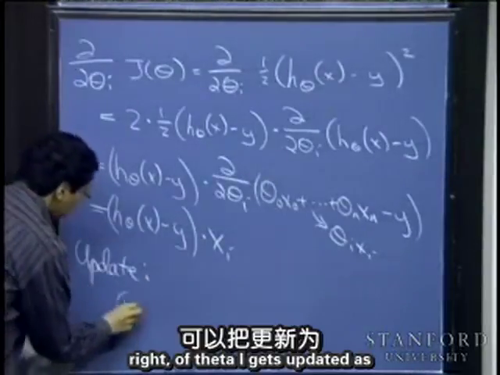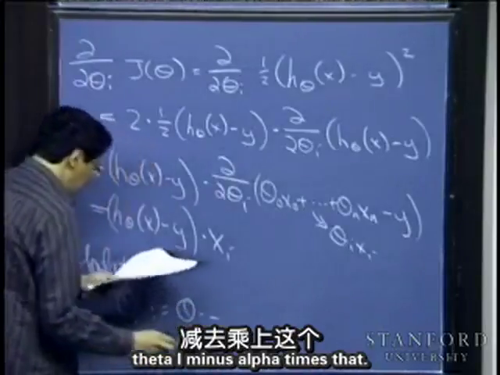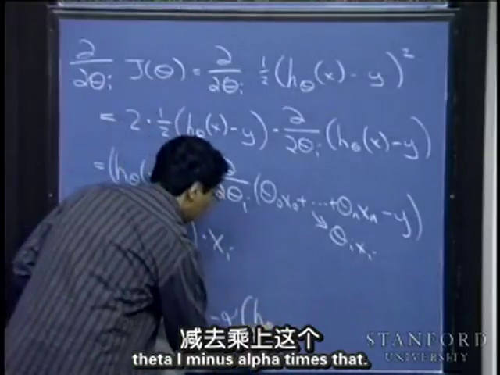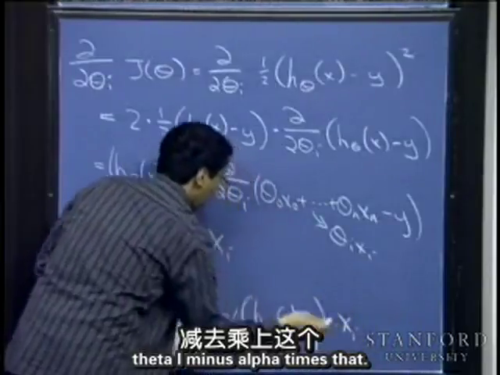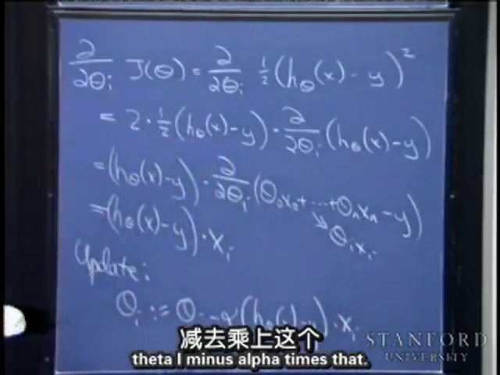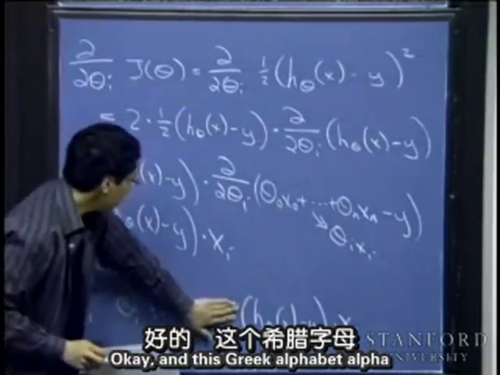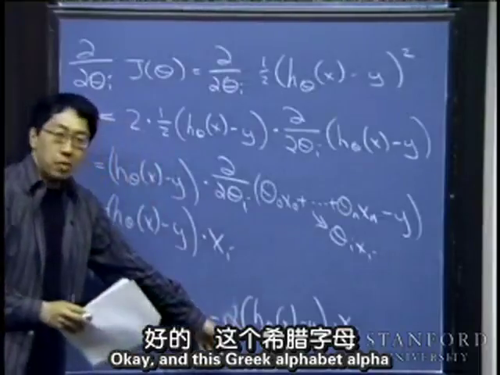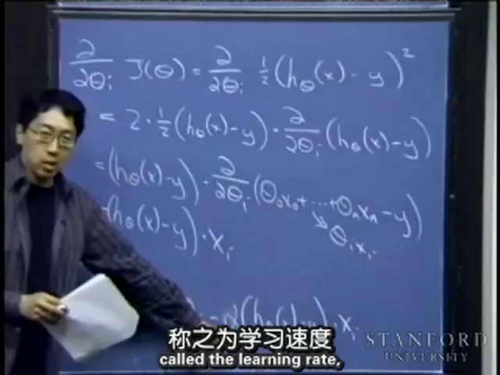And so this gives us our learning rule: theta_i gets updated as theta_i minus alpha times that. And this Greek letter alpha here is a parameter of the algorithm called the learning rate.